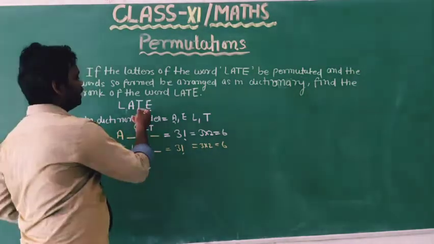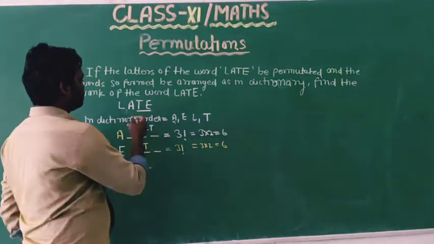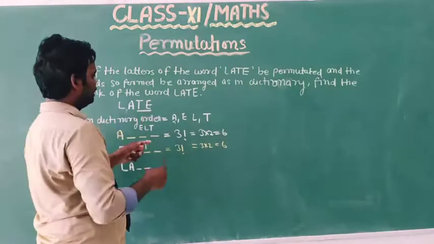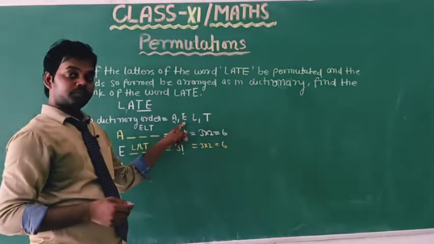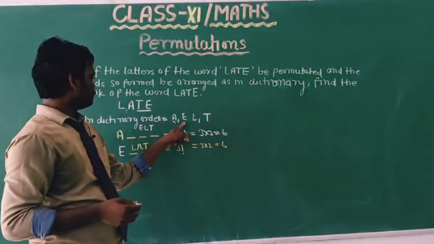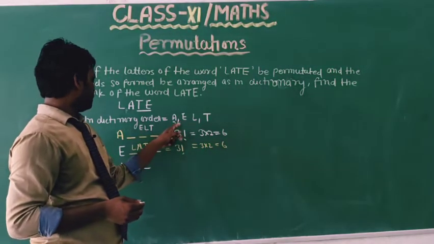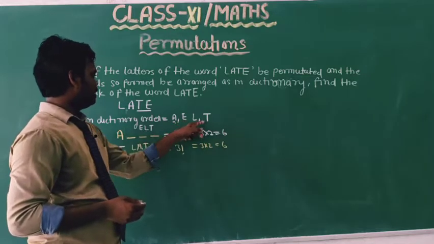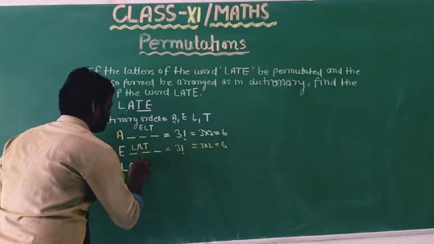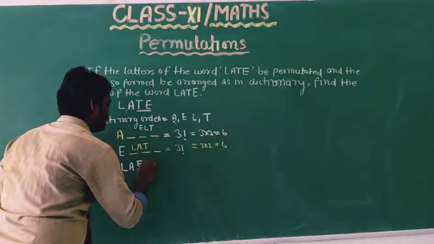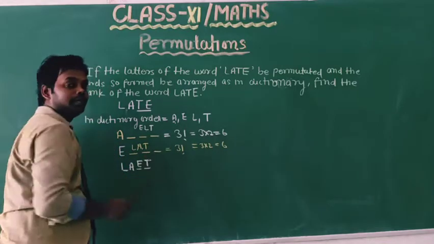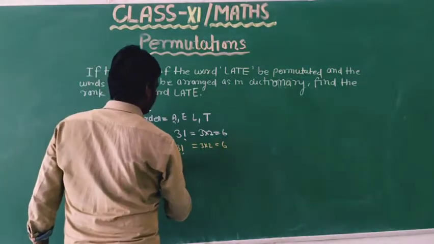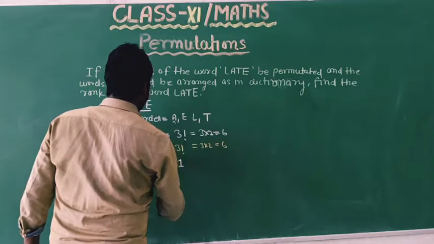The remaining places are two, and the two letters are E and T. According to the dictionary, first comes E and then T. So this is E and T, this is one way.